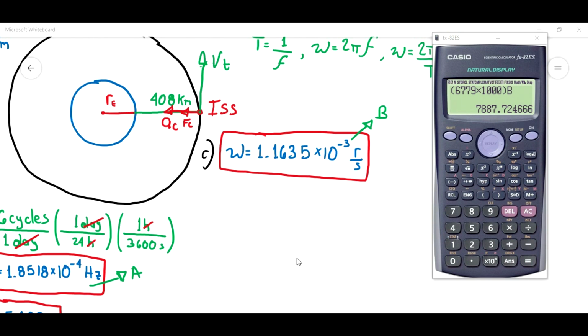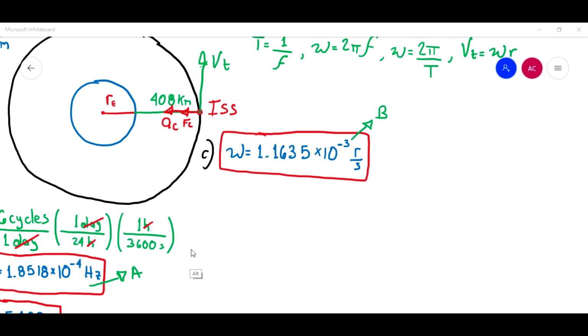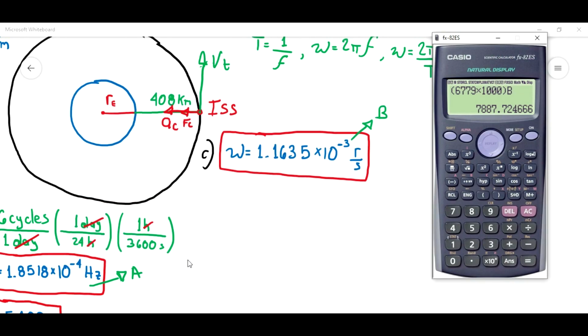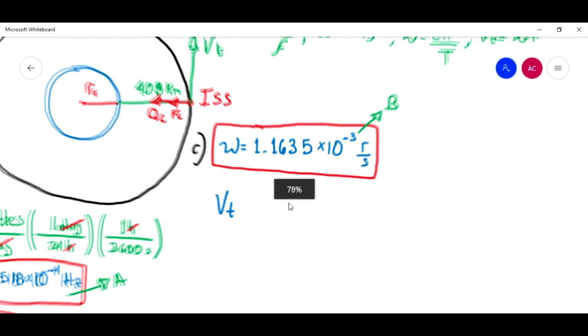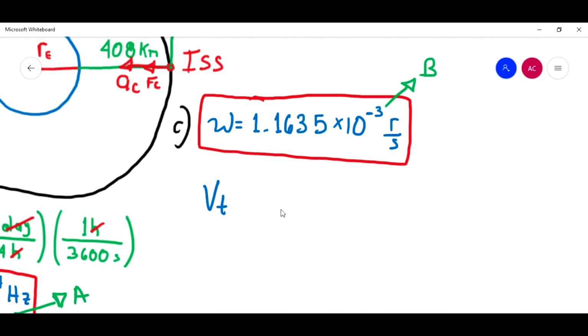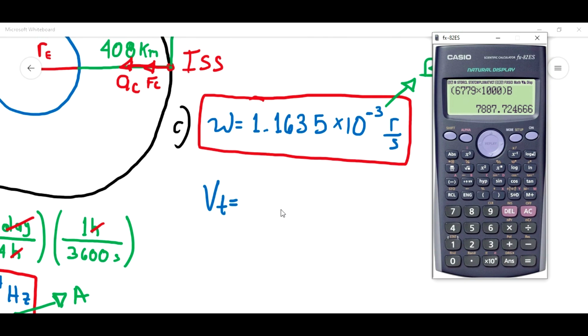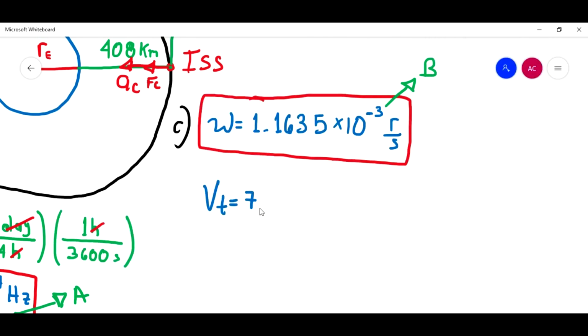If you see, that's a lot of velocity. That's a lot of speed. So I'm going to write over here, tangential velocity equals 7,887.7246 meters per second.